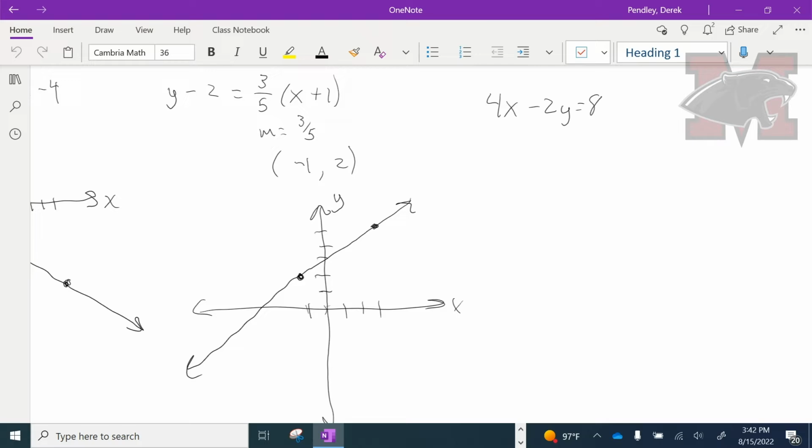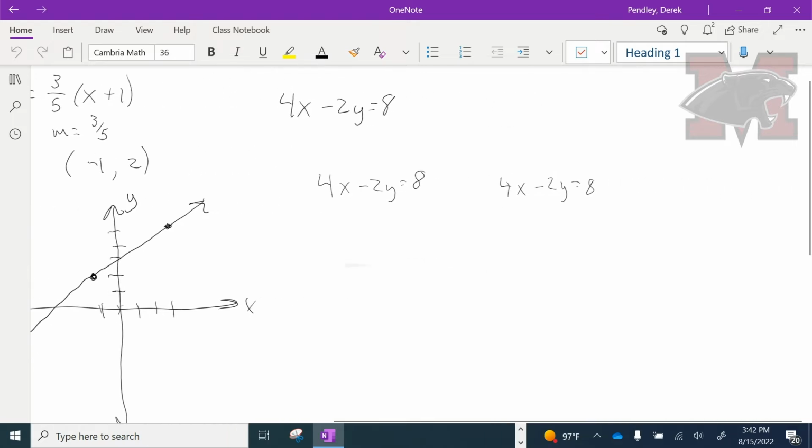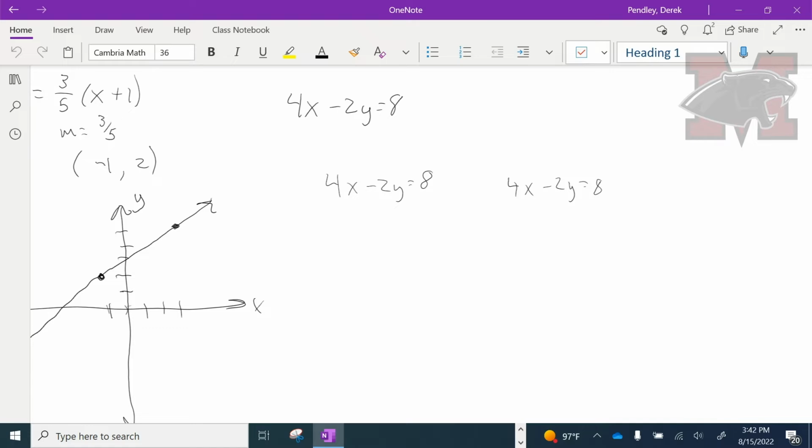And so you're going to solve this twice. Once when x is equal to 0 and once when y is equal to 0. So this should be review for everybody. So I want to know what happens when x is 0, what happens when y is 0, because those are going to give me my intercept points.